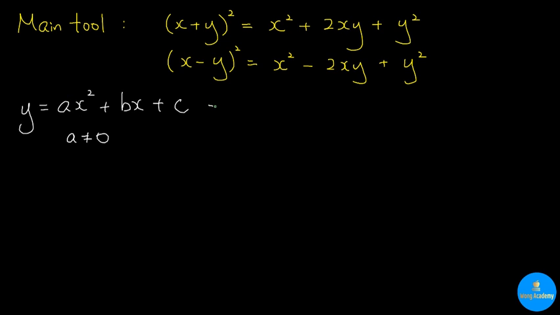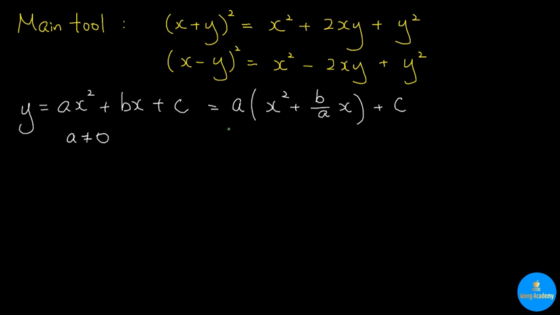So we will have a times parenthesis x squared plus b over a x, and then keep the constant term plus c at the end. Notice that when you distribute, you will exactly get ax squared plus bx back.